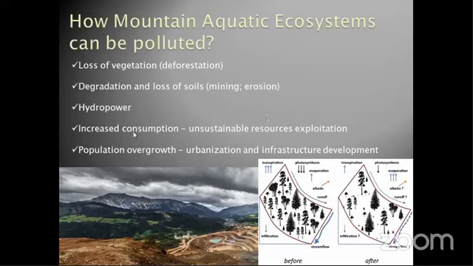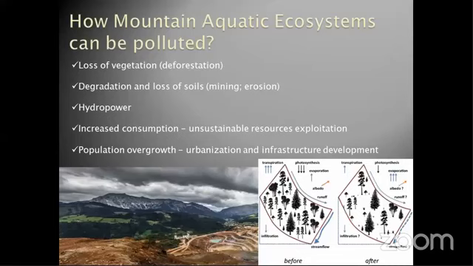First of all, it is loss of vegetation, actually deforestation, which leads to the disruption of water cycle balance, as we of course said before. Then degradation and loss of soil by different kinds of activities, direct, like industrial activities such as mining, or indirect after deforestation. Of course, we usually have the problem of soil erosion, which also has a negative impact on aquatic ecosystems.